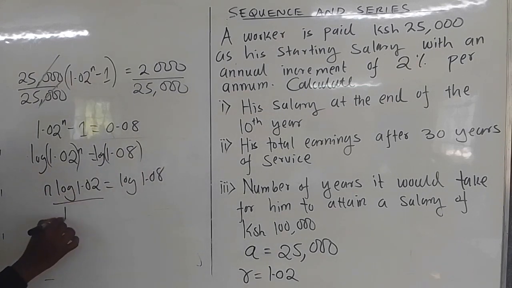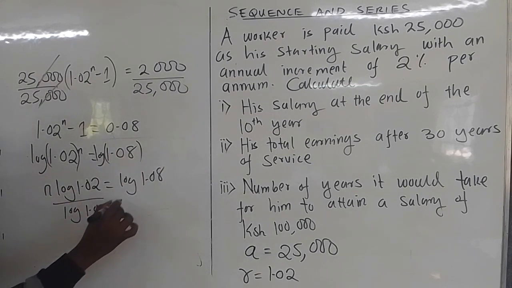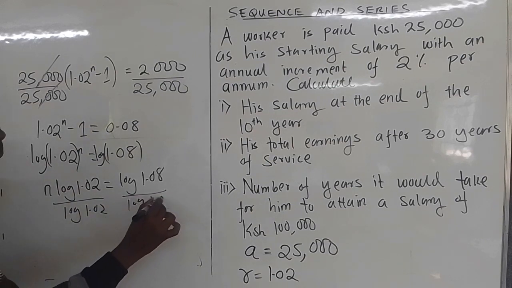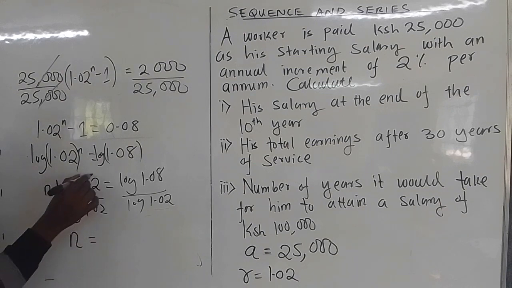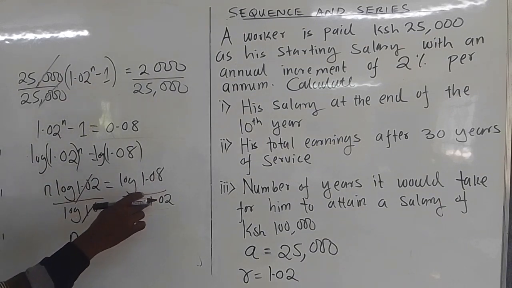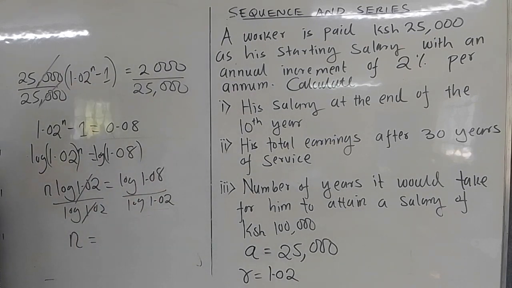So you divide both sides by log 1.02. So what is N? What is log 1.08 divided by log 1.02? That is 3.8.